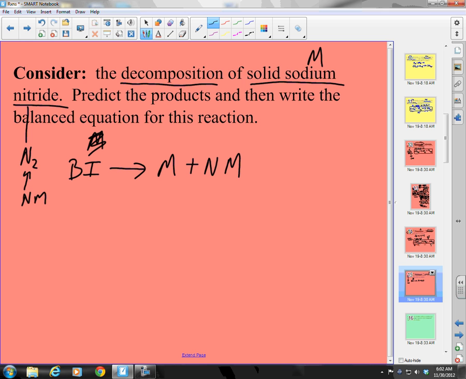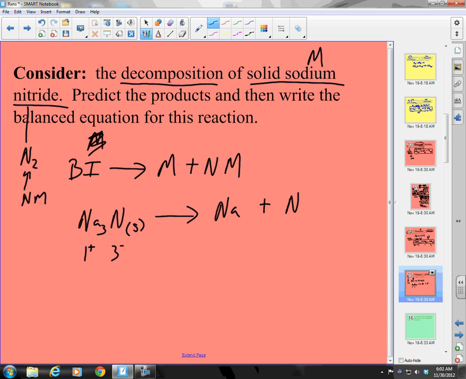So sodium nitride, Na and N. Now, typically my sodium, when it is a cation, is a +1. My nitrogens form -3s. So that means I need 3 sodiums, solid. What's going to happen to this? It's going to form my metal, sodium, plus my non-metal, nitrogen.